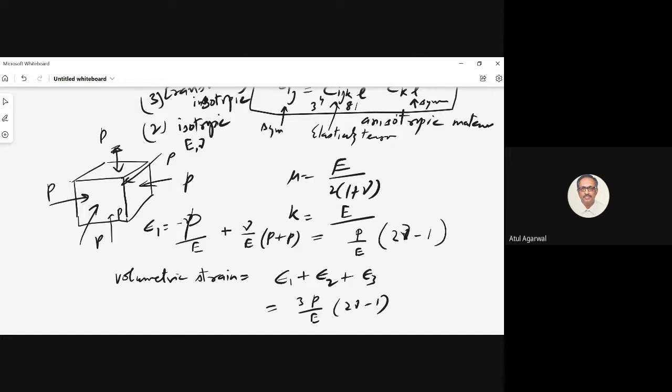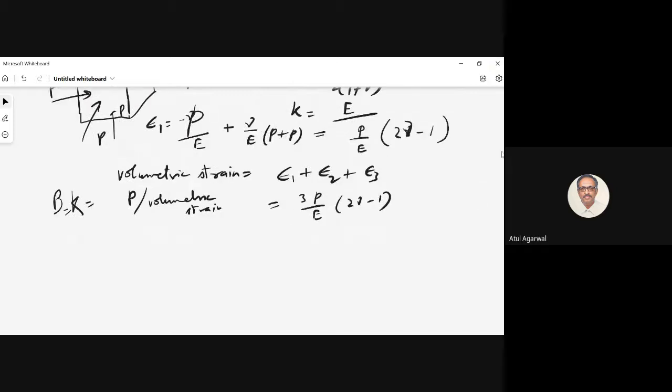So what is your bulk modulus? Call it B or K. Pressure upon volumetric strain. You see, pressure is a negative stress. Call it minus P. And what is the volumetric strain?